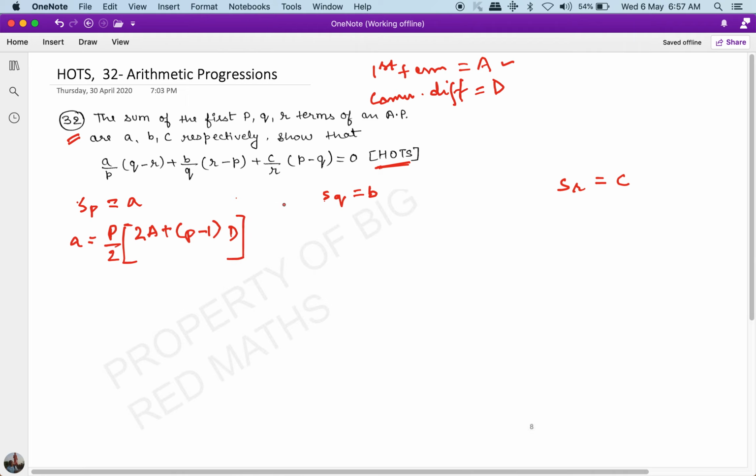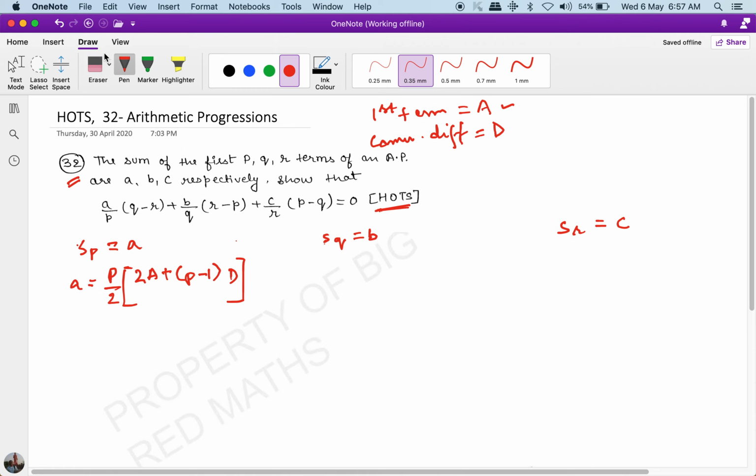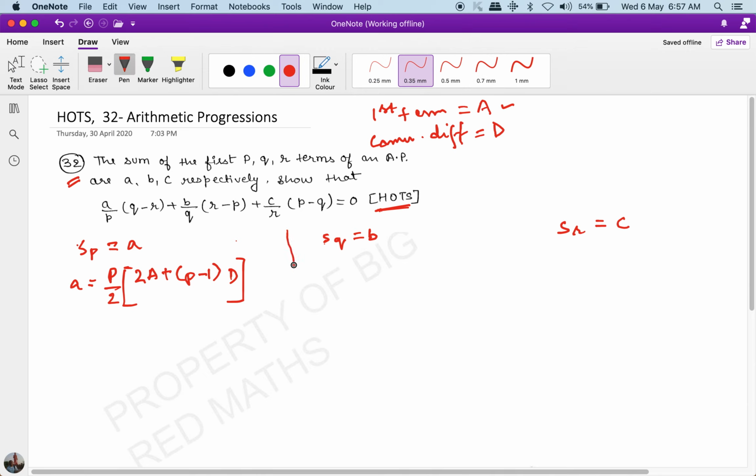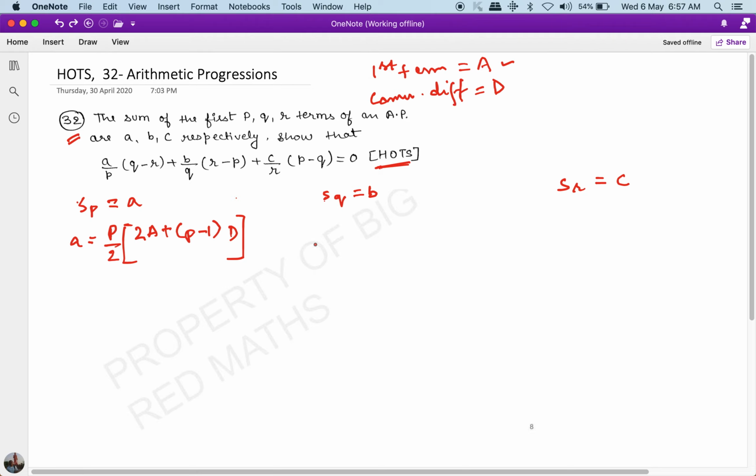This is part 1. Second part: B is equal to the sum of Q terms.